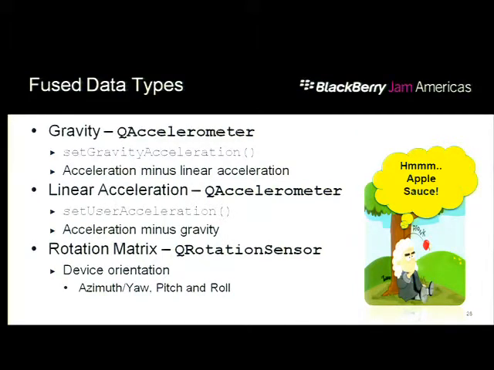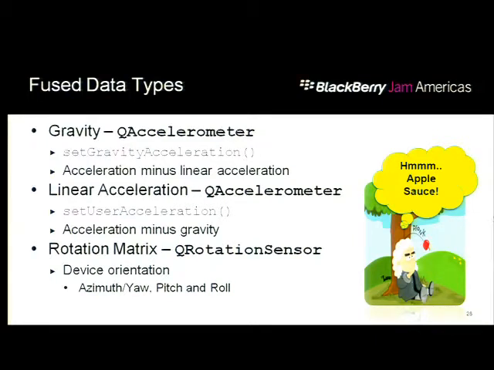So apart from the raw sensor data, what we've been working on to improve the developer experience is coming up with fused data types, or what we're calling sensor fusion, that either extends the sensor data to provide more valuable, real-world data that maps to real-world use cases, or improves the sensor performance by using a multitude of sensors. So let's look at a few of them.